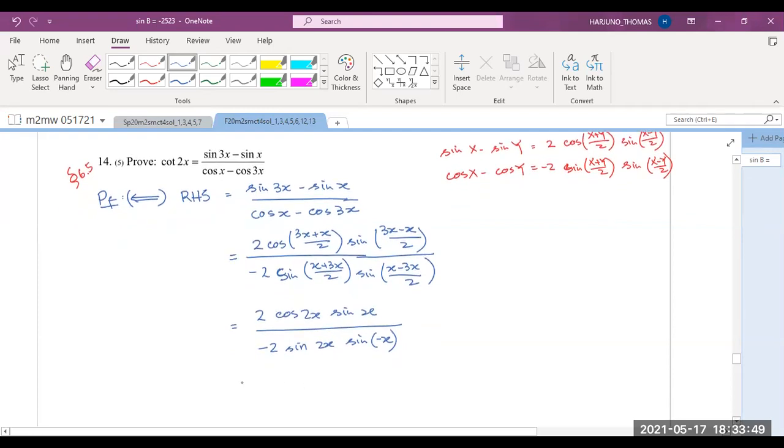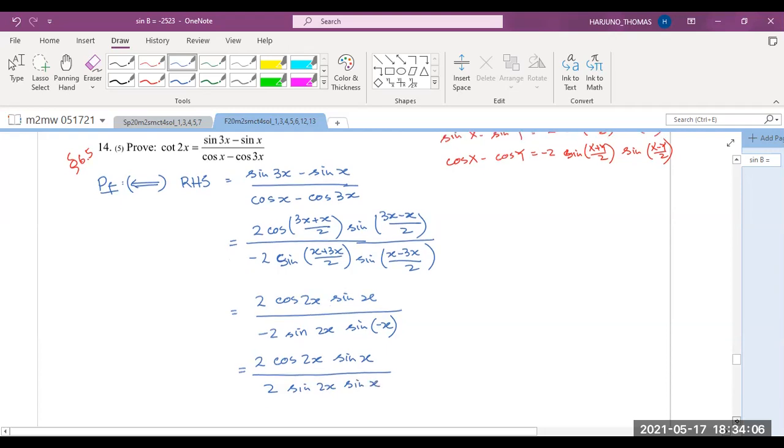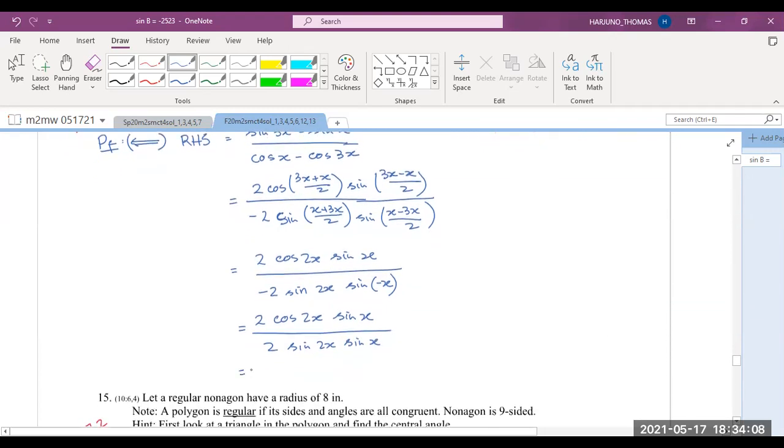But sine negative x is negative sine x. The 2 cancel, the sine cancel, that's cotangent 2x, which is our left-hand side. That's the end of the proof.